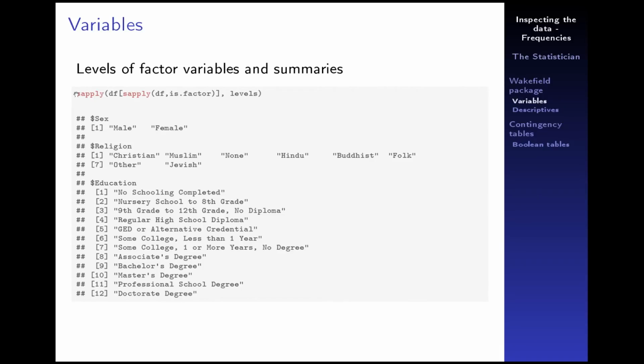We'll use sapply function for columns that are factor, and we will then print the levels of these columns that are factor variables, and we will see that there are quite a few levels for both religion and the education.